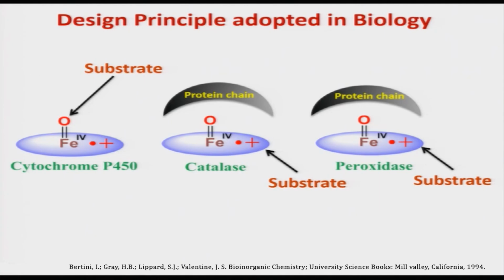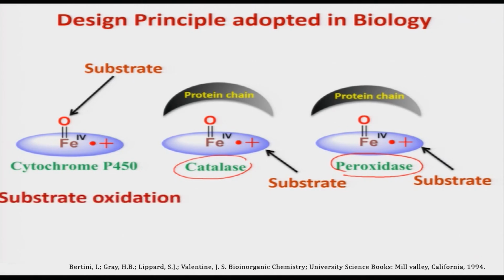As you know, catalase actually catalyzes the conversion of hydrogen peroxide to oxygen and water. Peroxidase actually oxidizes the substrate, but all these reactions are not oxo transfer reactions, they are basically electron transfer reactions. However, in cytochrome P450 we have just seen that substrate oxidation is taking place.